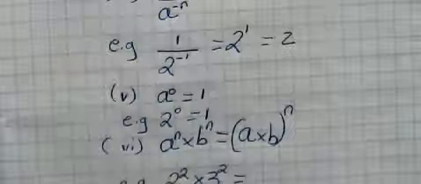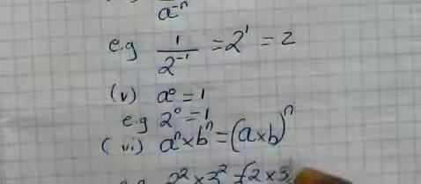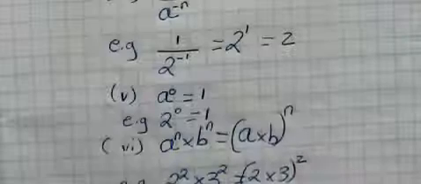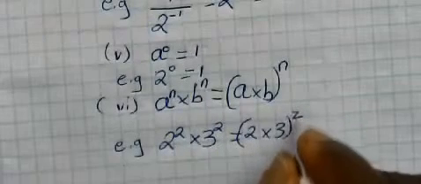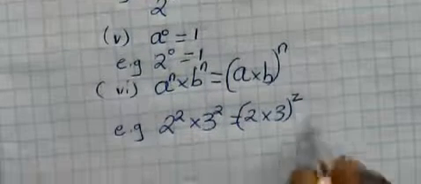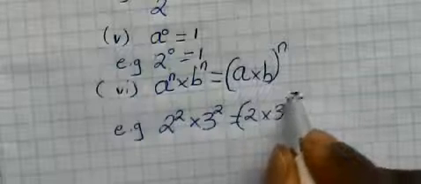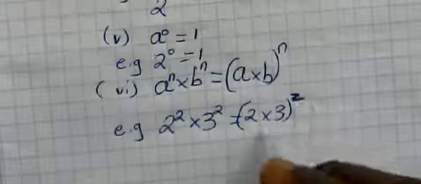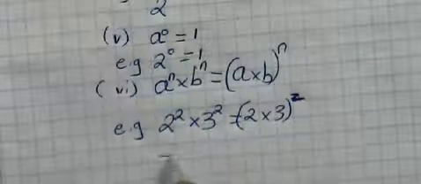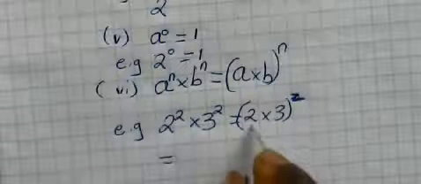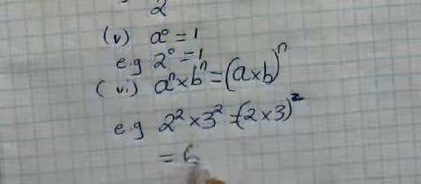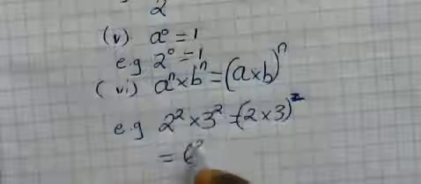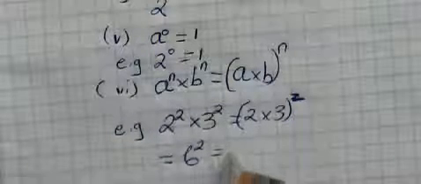You multiply the bases, 2 times 3, then you raise to power, you take one of the powers, 2. It will be equal to 2 times 3, 6, then raised to power 2, or 6 squared, which is the same as 36.